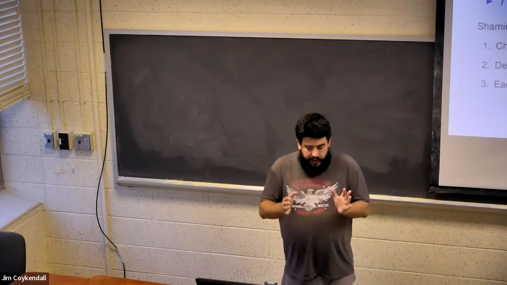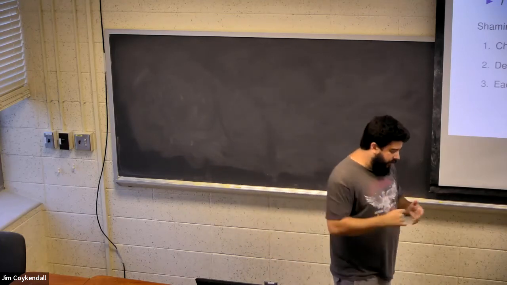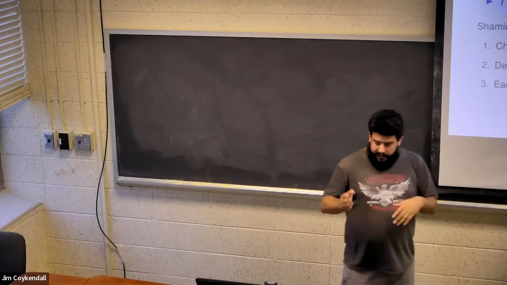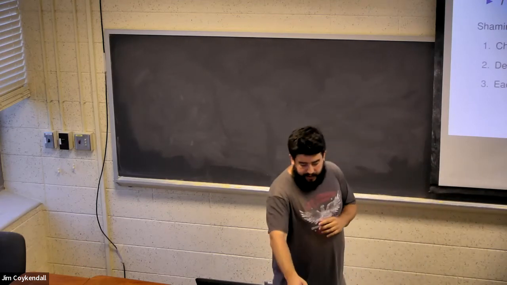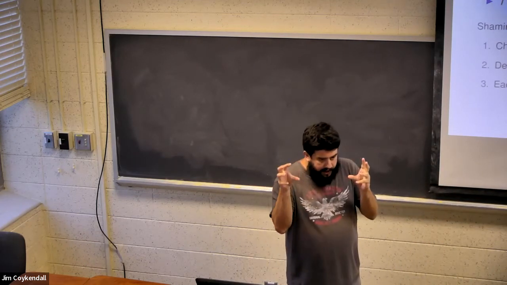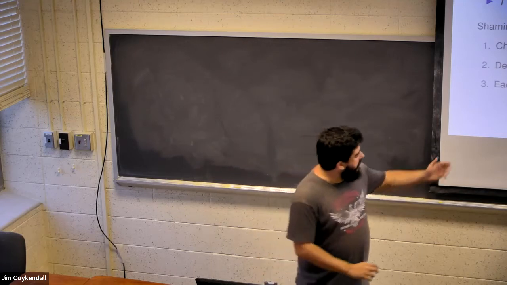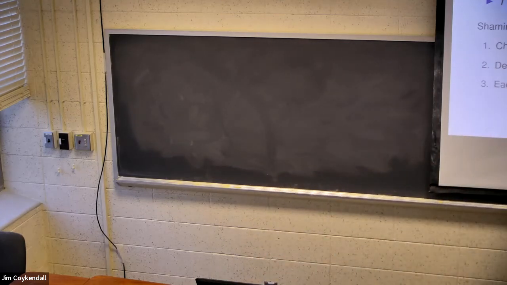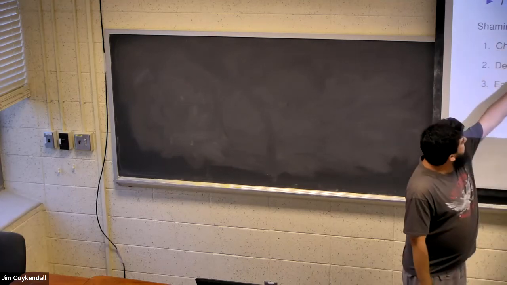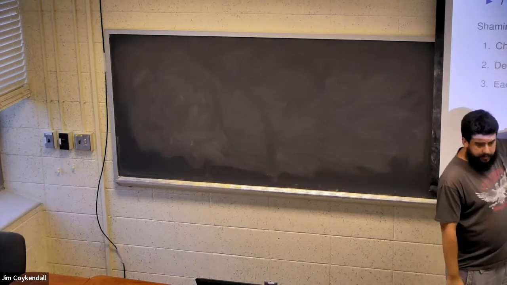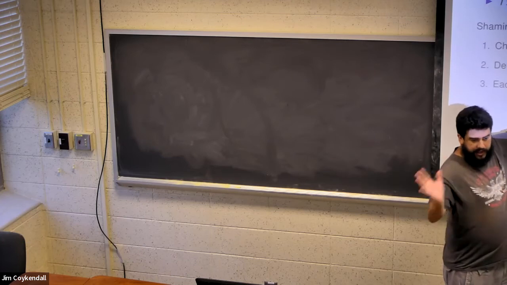For each person, you put a random key, and the degree of the polynomial you work on is determined by this minimum, because you need t points to be able to determine the polynomial.